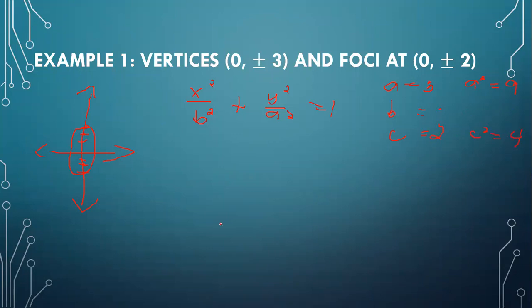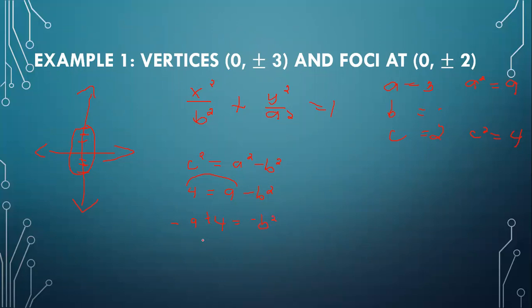To get the value of the co-vertex, we have this formula: C squared equals A squared minus B squared. C squared is 4, A squared is 9, minus B squared. Combine like terms, transpose positive 9, it becomes negative 9 plus 4 equals negative B squared.